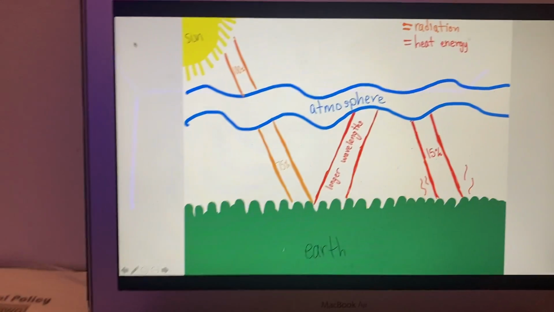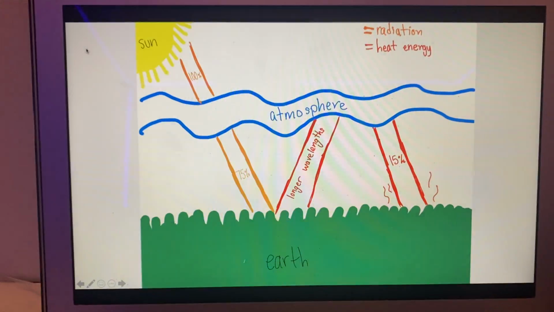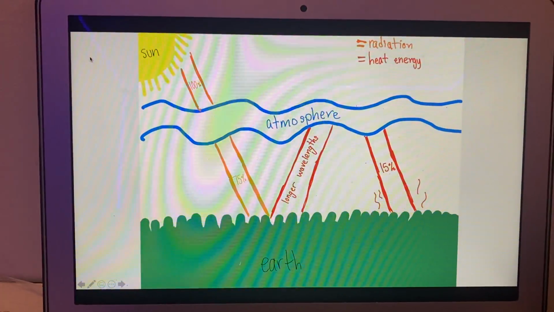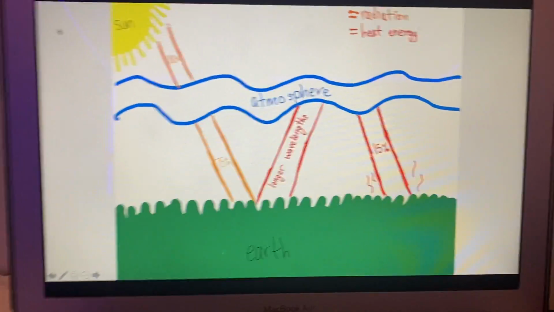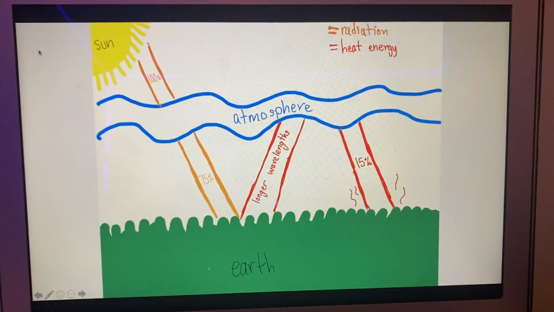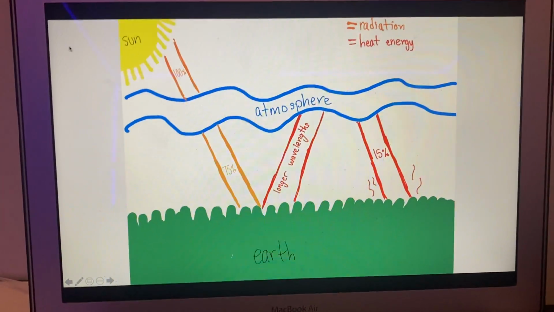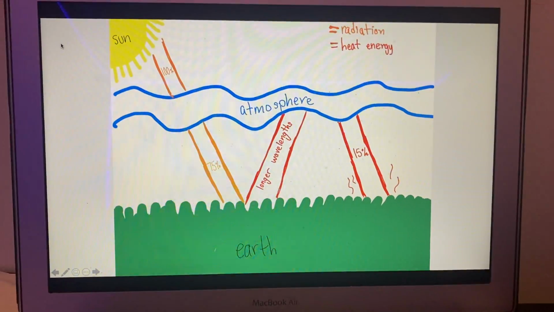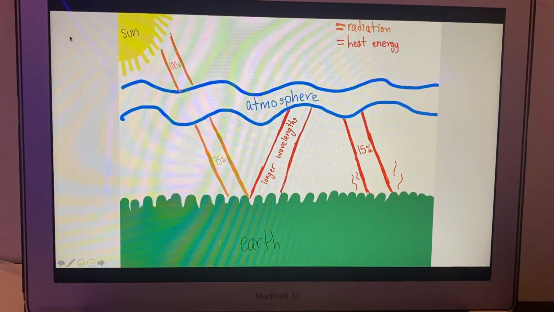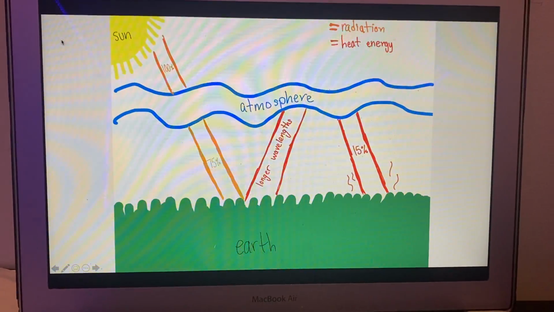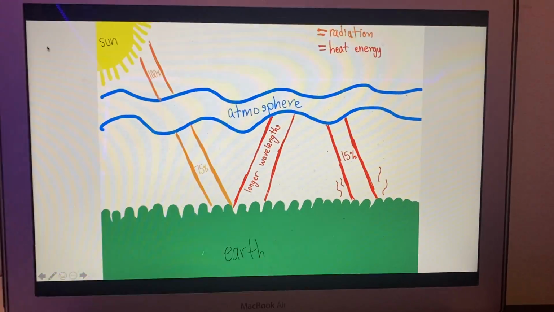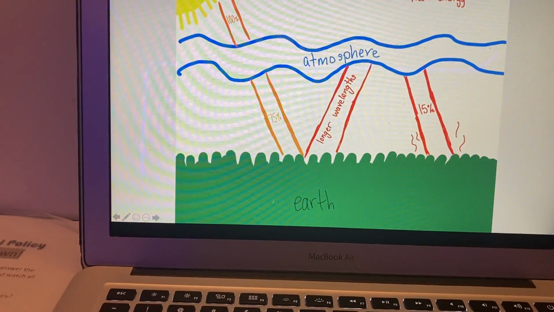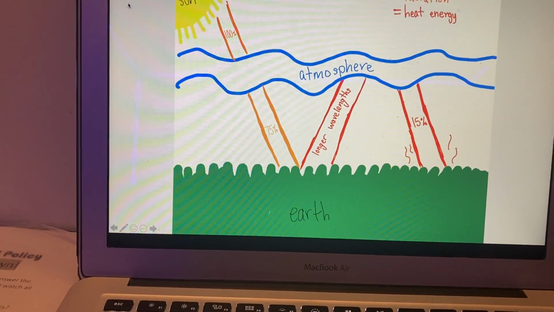Now, if this process did not happen, if there was no such thing as the greenhouse effect, the temperature of the Earth would be basically unlivable for humans. I think it would be negative 18 degrees Celsius, which is extremely, extremely cold. So the greenhouse effect is not necessarily a bad thing, but because humans have increased the concentration of CO2 in the air and therefore increased the amount of heat pushed back towards the Earth, this is why global warming has become harmful.